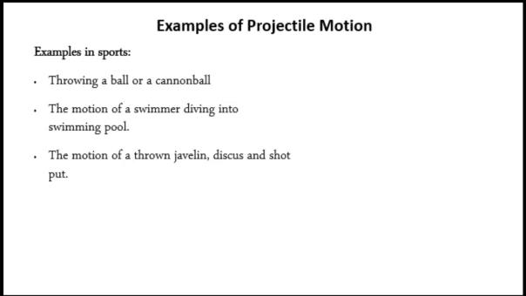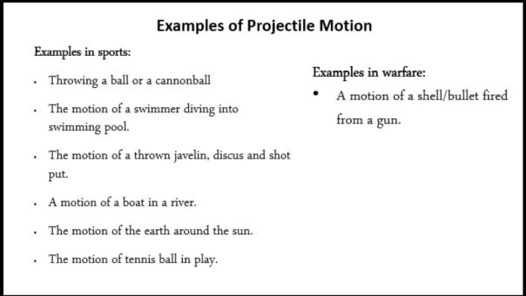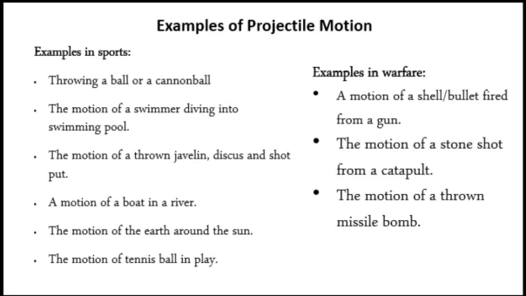You have motion of throwing javelin, discus, shot put, motion of boats in a river, motion of earth moving around the sun. They are all examples of projectile motion in sports. Then in warfare, you have motion of bullet fired from a gun, motion of stone shot from a catapult, motion of a thrown missile bomb, and so on. These are examples of projectile motion both in sports and in warfare.